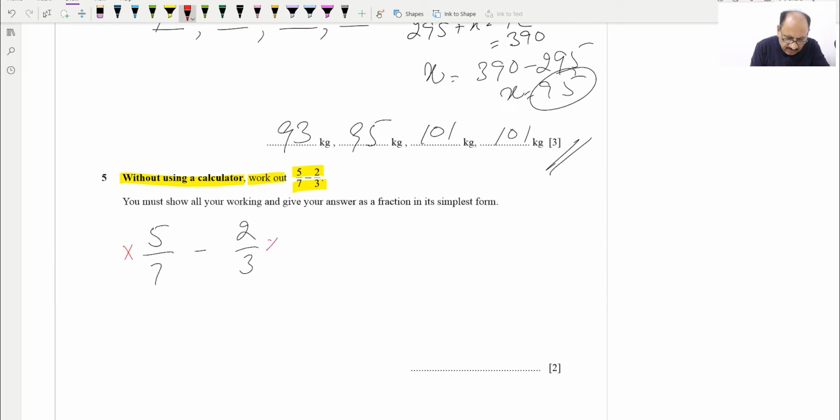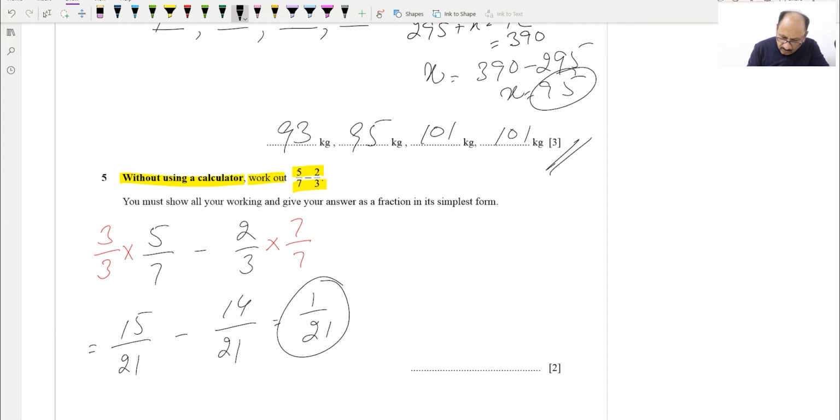To equalize them, we multiply and divide this by 3, and this side we multiply and divide by 7, and this will give us 15 over 21 minus 14 over 21, which is equal to 1 over 21. 15 minus 14 is 1. So this will be our final answer, and this question was for 2 marks.